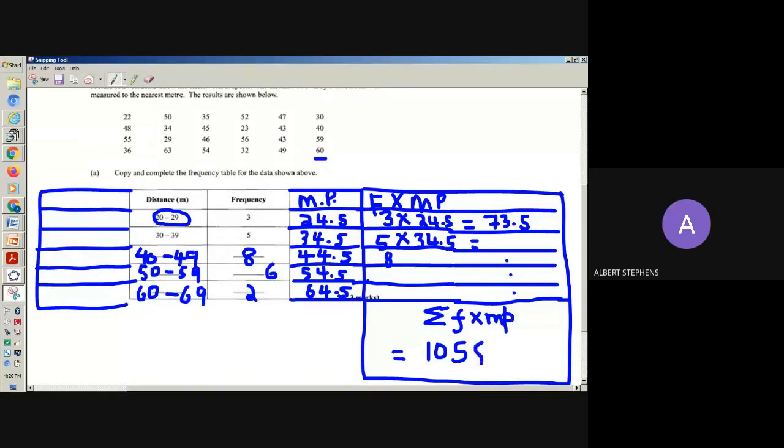No. Okay. Can somebody second that? Yes. I need a third. Can somebody third it? 1058. Okay, you got that too. Very good. So that will be the sum of the product of the frequency times the midpoint.